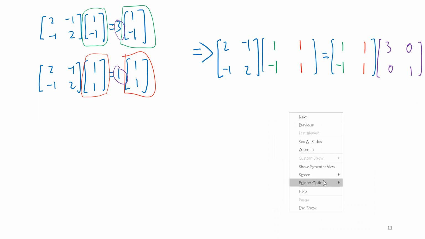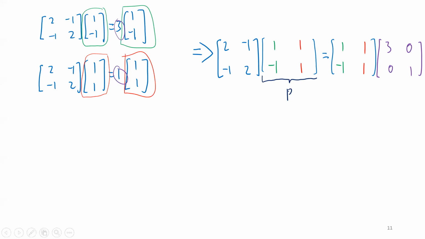So now let me just call this matrix P. So that means that this is also P, and this matrix is a diagonal matrix, which I call D. And this one, the original one, is the matrix A. So you have AP equals PD.